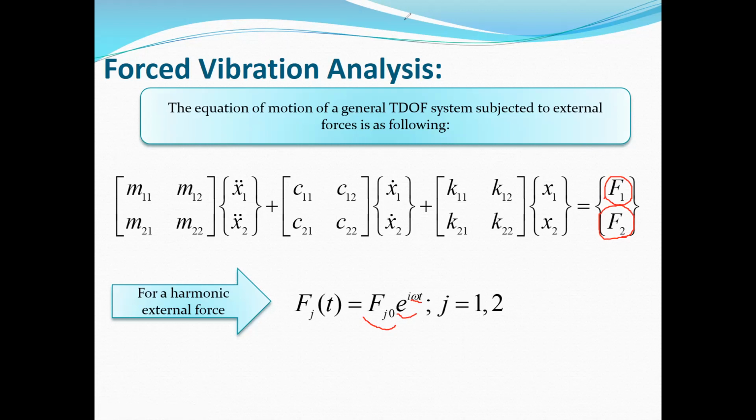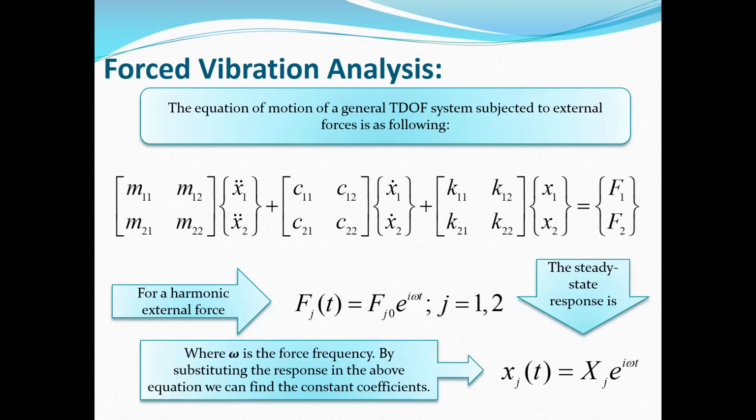For this purpose we can consider the response similar to the single degree of freedom system. We can consider the response with the same harmonic and with the same frequency.